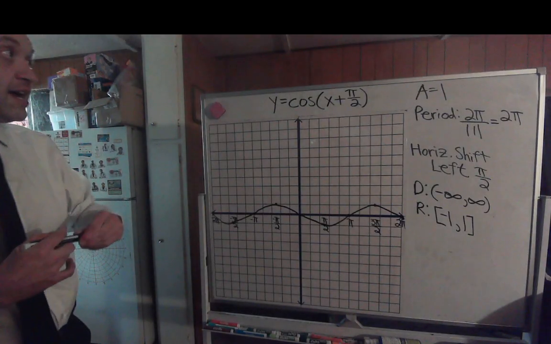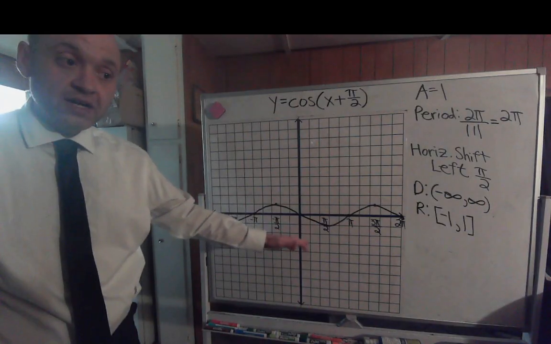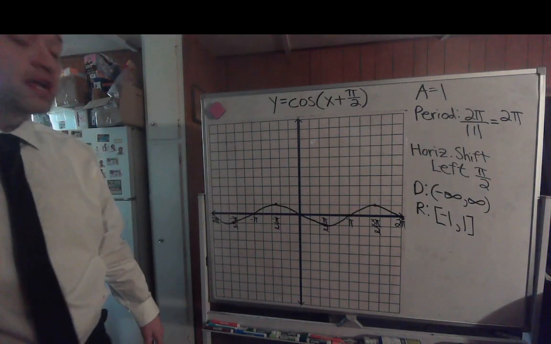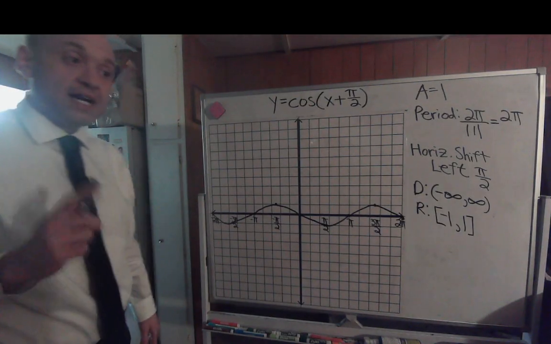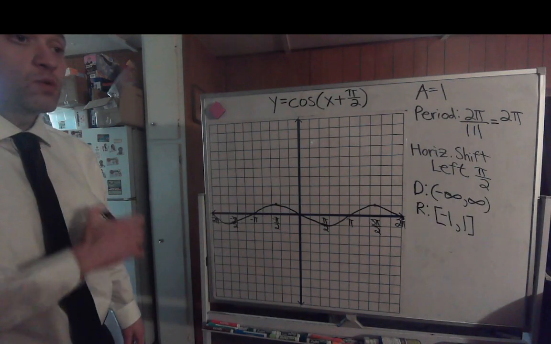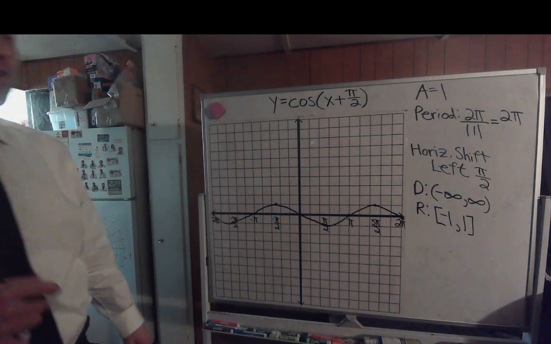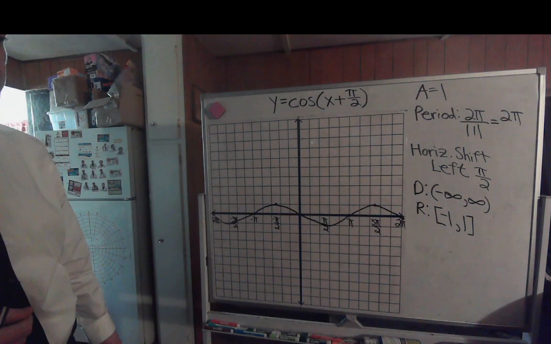And there you have it. This actually almost looks like a reflected sine graph as opposed to cosine. When we get into trig identities, you're actually going to see if you affect the x quantity of a cosine function by pi over 2, it actually does become more sine-like.